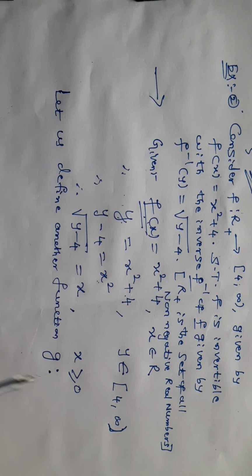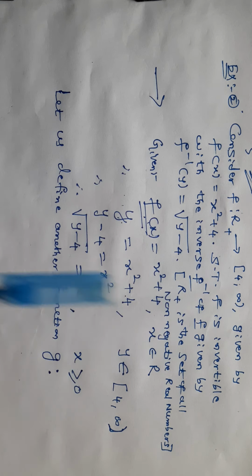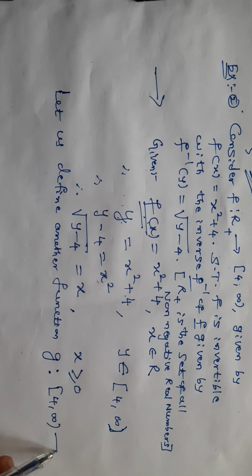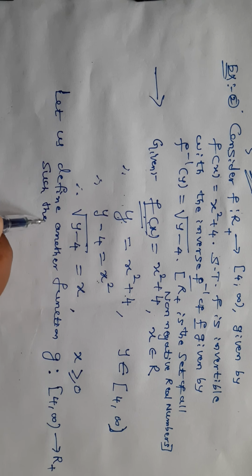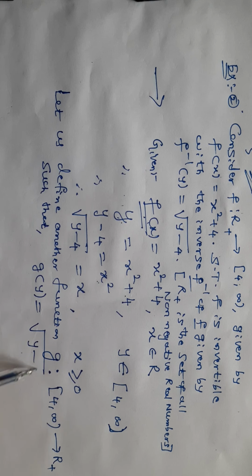What is the definition of invertibility? To say that a function is invertible, you must always keep this point in mind: if you define a function f from X to Y, there exists another function g from Y to X. Similarly, here f is from R plus to 4 comma infinity, so we must define another function g from 4 comma infinity to R plus, such that g of y is whatever we solved for x here, square root of y minus 4.